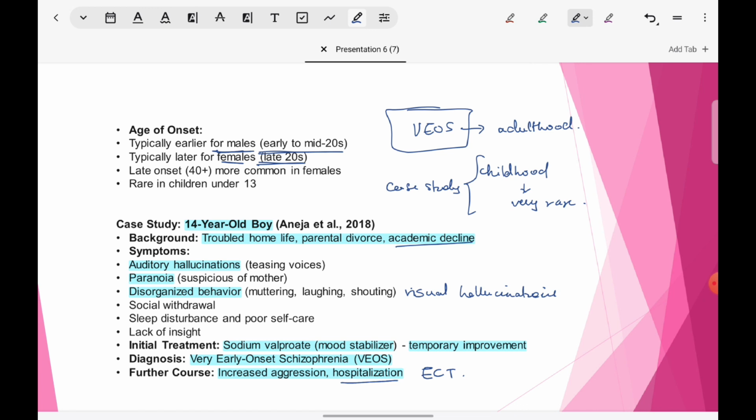And then the boy's condition improved. So what we are learning from this case study is VEOS, if it occurs, can be quite severe, as in the case of this boy. He showed a lot of positive symptoms which were very disturbing. Also, he showed negative symptoms which I did not go through. And treatment also can be required to be very intensive, as in the case of this boy. He had to be hospitalized.